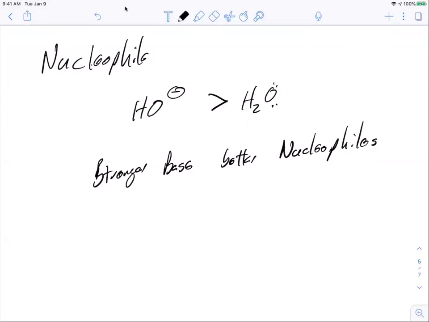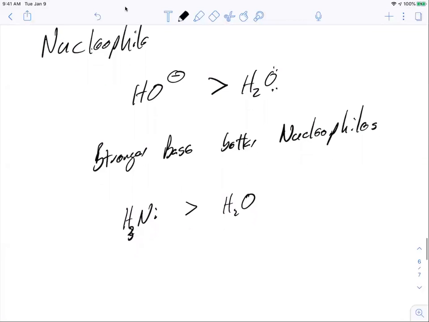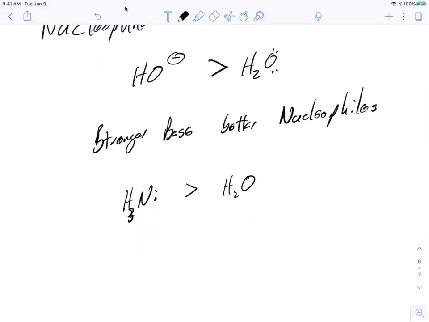If we think about water versus hydroxide, hydroxide is a stronger base. An amine is going to be better than water. It's got more available electron density.